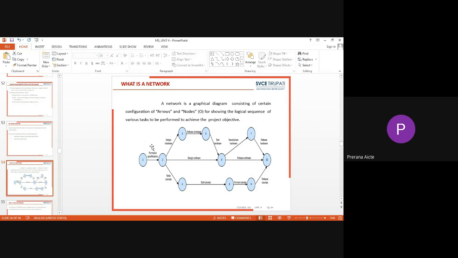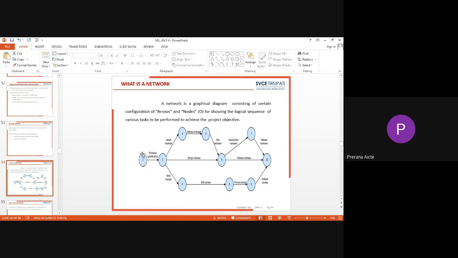Now if you observe this example, in this image you can see a circle starting with the number 1. In project management, circles are generally used to represent events. The events are sometimes called nodes, and these nodes are numbered as per the activities and as per the relation of preceding and successor activities.